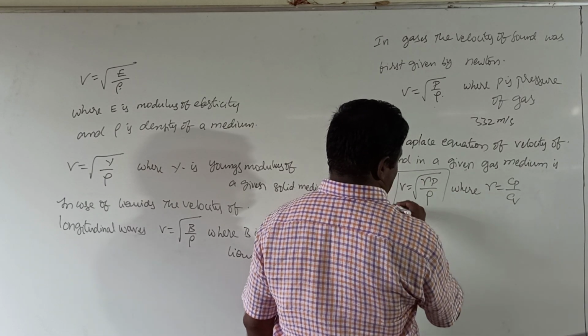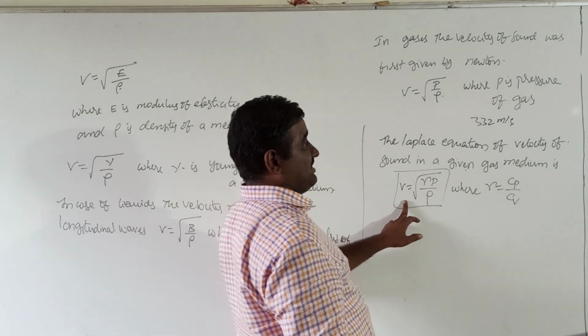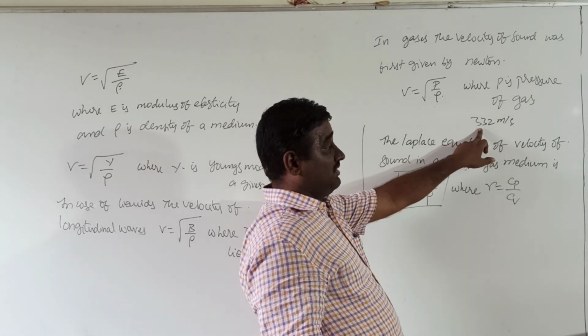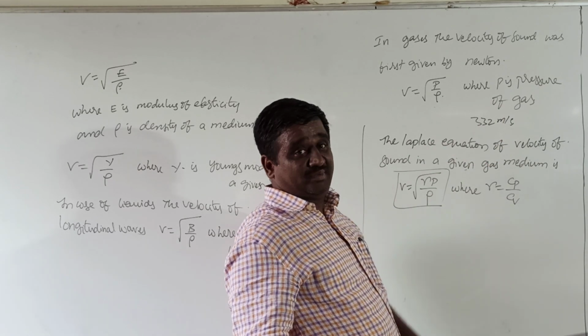This equation gives the correct value of the velocity of sound in the gas medium, 332 meters per second.